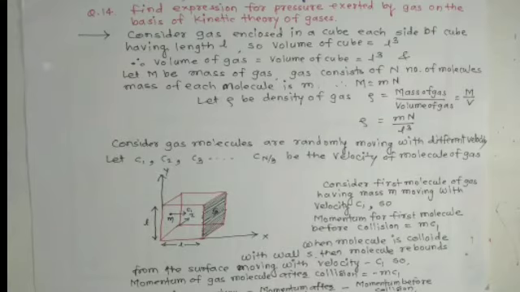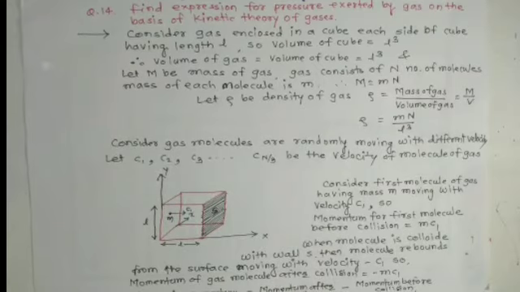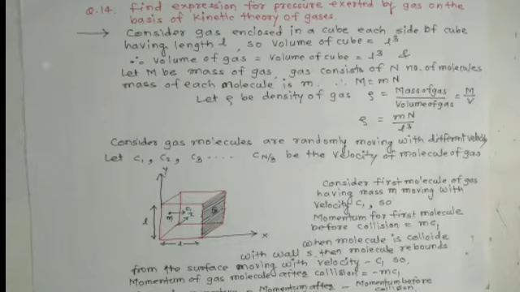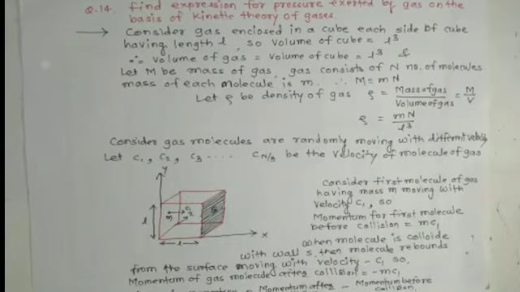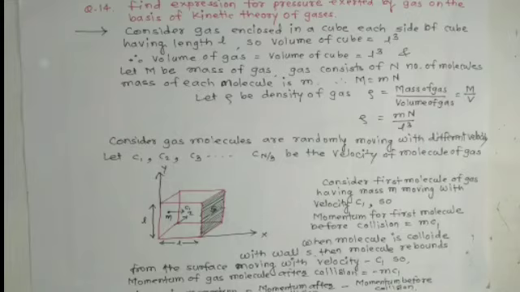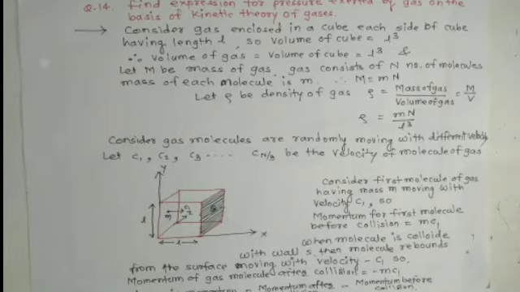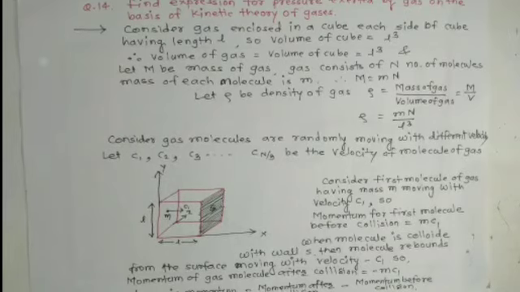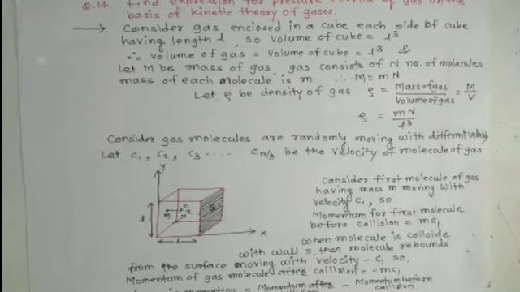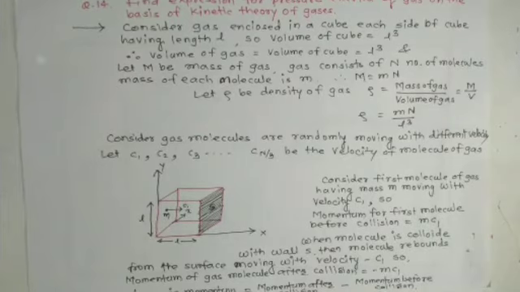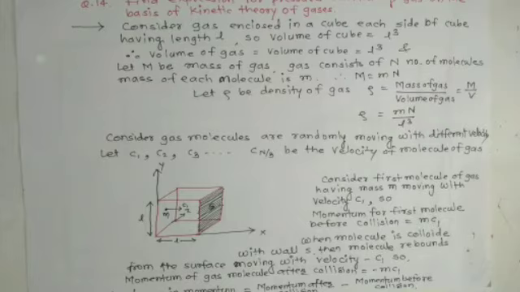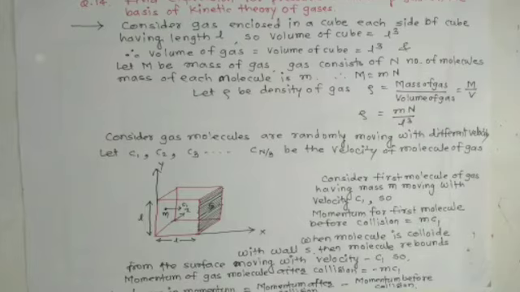Let capital M be the mass of gas. The gas consists of capital N number of molecules. So the mass of each molecule is small m. Therefore capital M is equal to small m into capital N, the number of molecules.